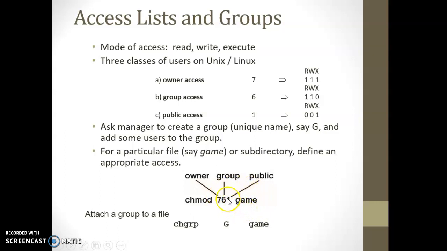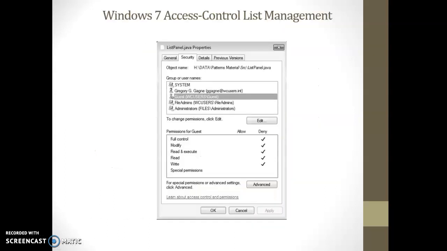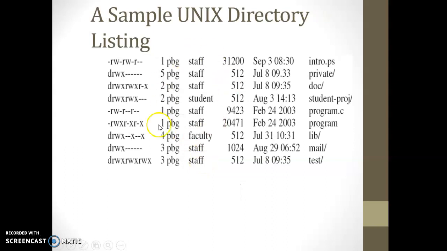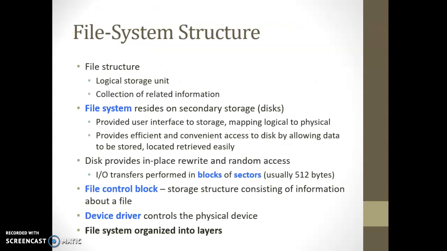Number 1 refers to 001, meaning the public cannot read, cannot write, but can execute directory game. For Windows, we usually use the GUI to define the access mode. This is an example of a Unix directory listing for the access mode, which I believe you have seen in your lab.